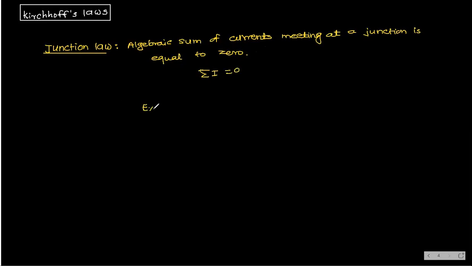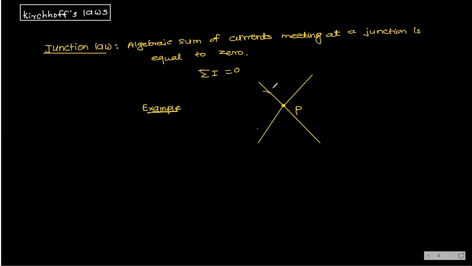Listen carefully. Now let us assume that this is a junction and its name is P, and there are some currents which are coming towards the junction and some currents are leaving the junction.